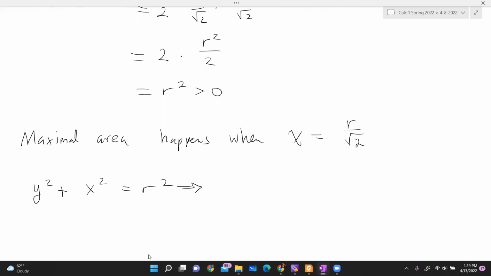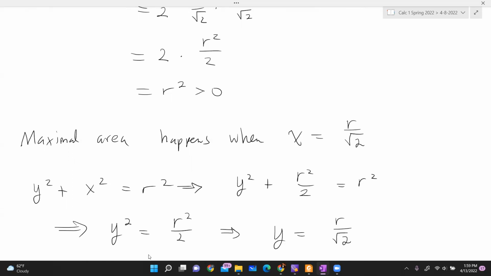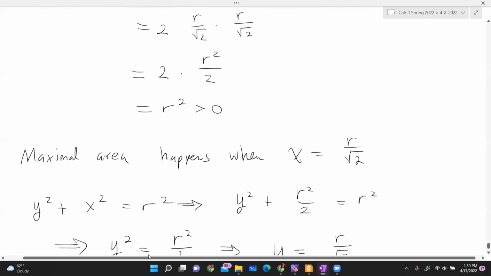So that gives us y squared plus we square x, which is r over square root of 2, and that gives you r squared over 2. And that's equal to r squared, and then you can simplify. So you subtract r squared over 2 from both sides, you get r squared over 2. And actually look at that, if you take the square root and take the positive root, you get r over root 2. So actually the x and y coordinates have to be the same.